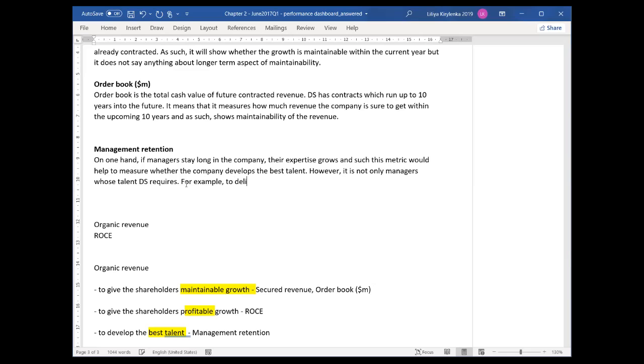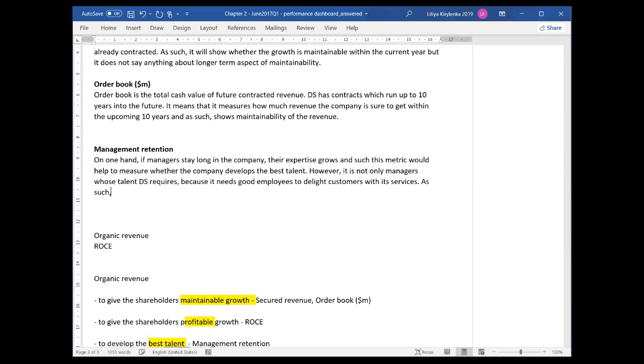However, it is not only managers whose talent is required, because it needs good employees to delight customers with the services.